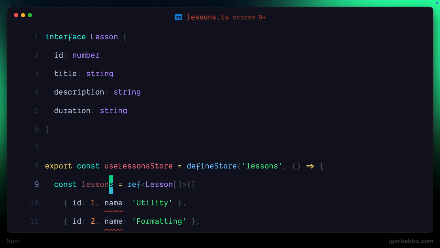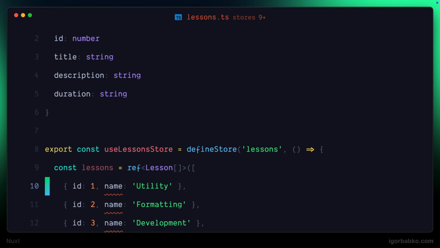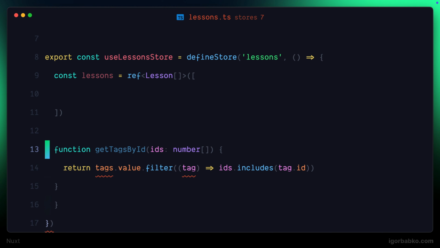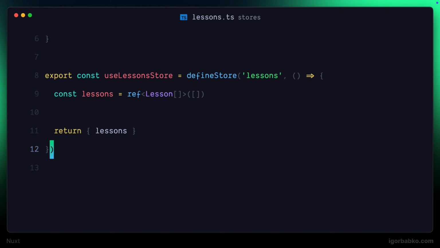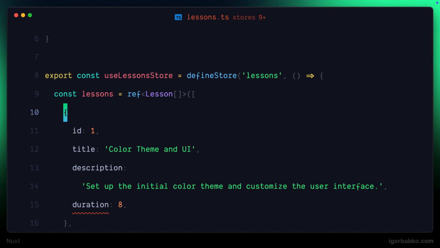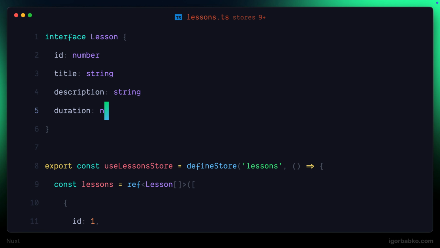And we are eventually returning an array of lessons to the outside world. So I will simply populate this array with random lesson objects, but the duration field has to be actually a number instead of a string, so let's modify this interface respectively.